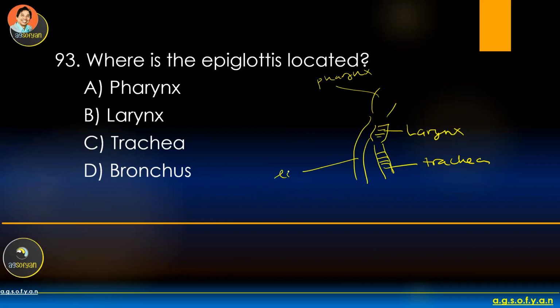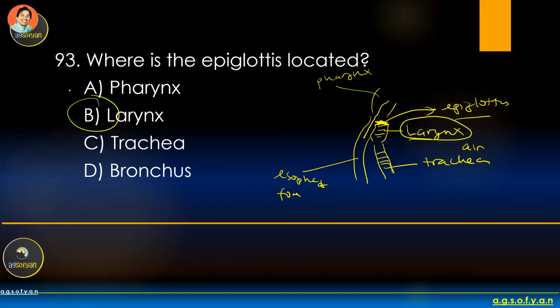The food will go to the esophagus and the air will go to the trachea. To separate food and air, there should be a flap structure that covers the larynx. When we swallow food, this flap will close, and this flap is called the epiglottis. It's attached to the larynx.